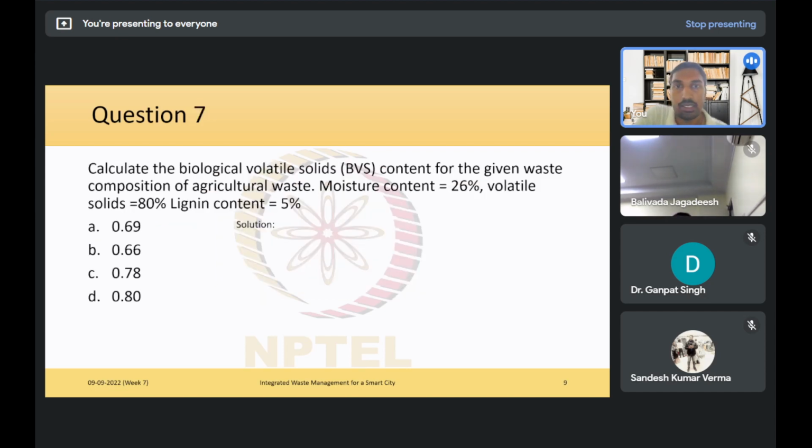Moving on to question number 7. Here we need to calculate the biological volatile solids, or the BVS fraction or the BVS content, for the given waste composition of an agricultural waste. So the composition is a moisture content of 26%, volatile solids of 80%, and a lignin content of 5%.